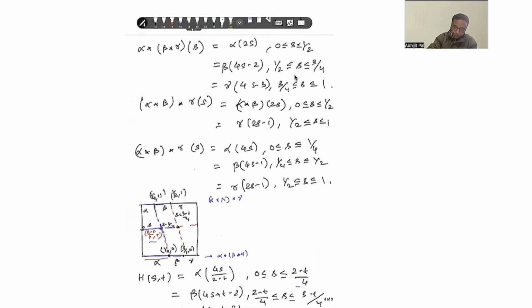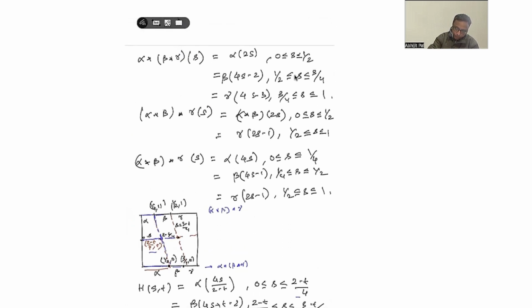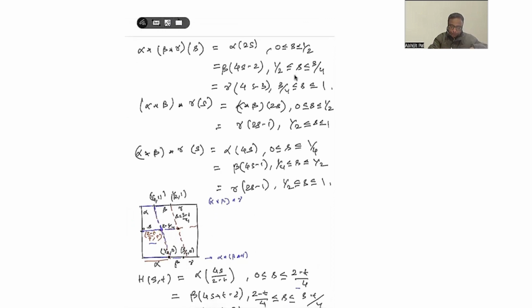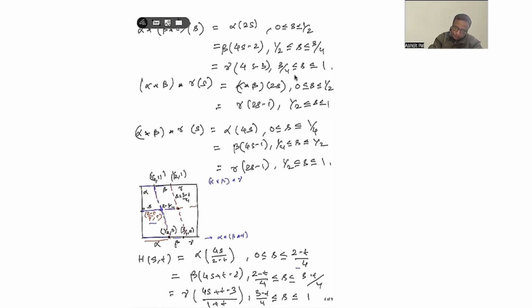And now if I expand this thing, it turns out that alpha star beta star gamma is nothing but alpha of s, where s is varying again from 0 to half. Then I'm expanding again this beta star gamma, so that can be written like this.